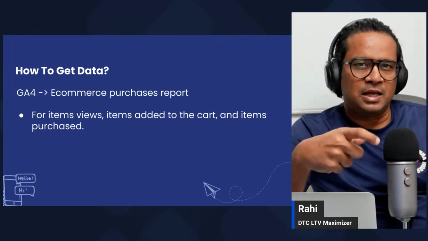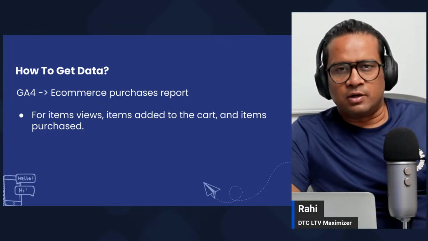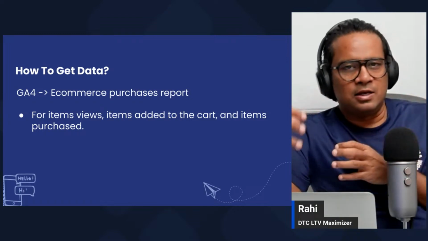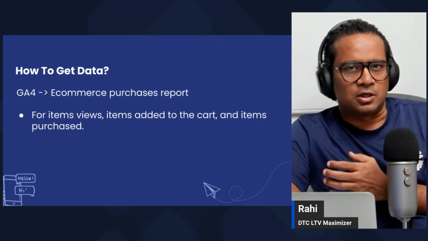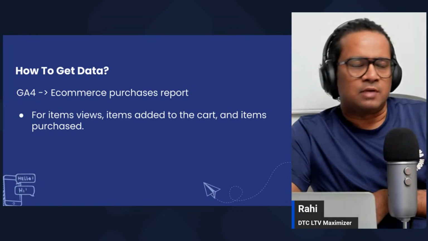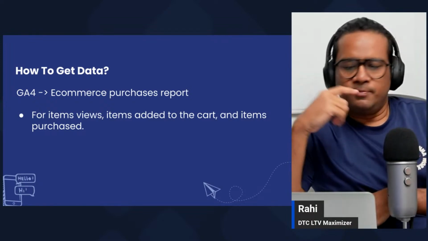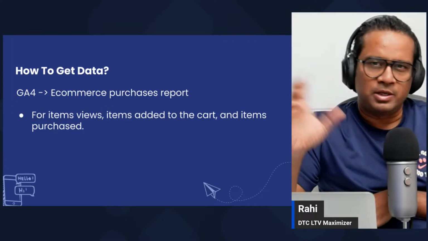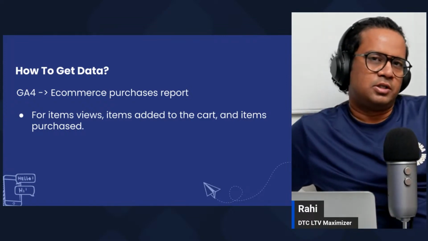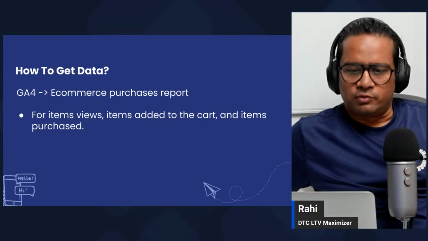So there might be many add to carts, but not enough conversions, a low conversion rate. For some products, there might be very low add to cart but a high conversion rate. So these two metrics become important: how many views, what's the conversion rate, and how many added to the cart. So what's the attraction of the product, and what's the eventual conversion of the product.